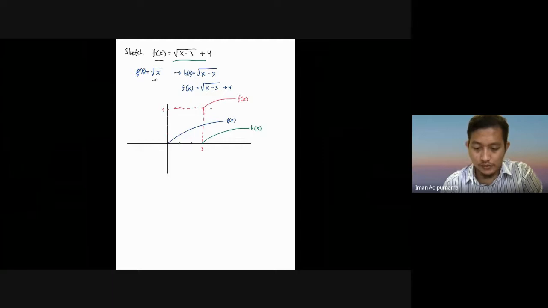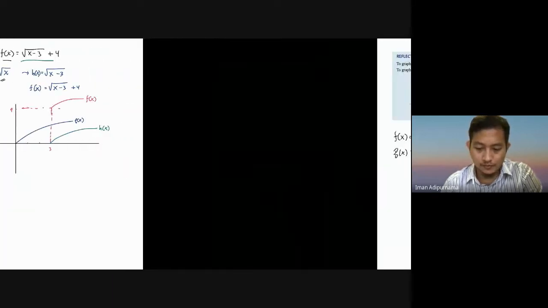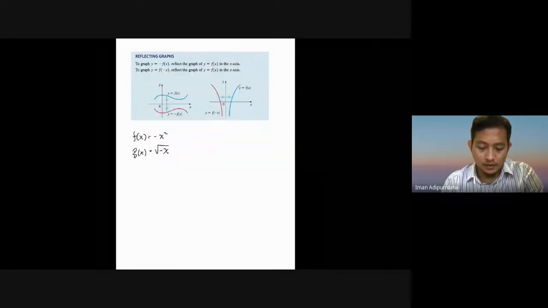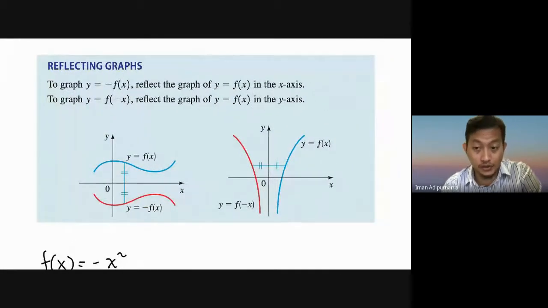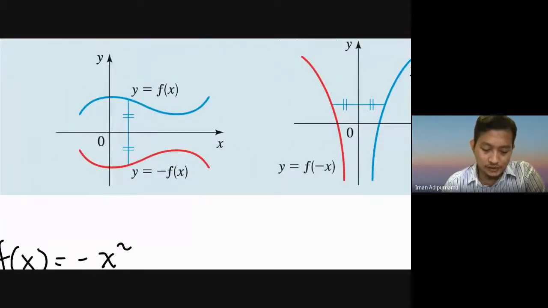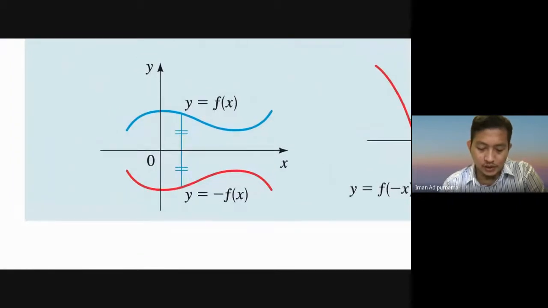Let's move forward. Now, vertical shift, horizontal shift, and then we have reflecting the graphs. If you look at the picture first, we are reflecting the function, mirrored through the x-axis.